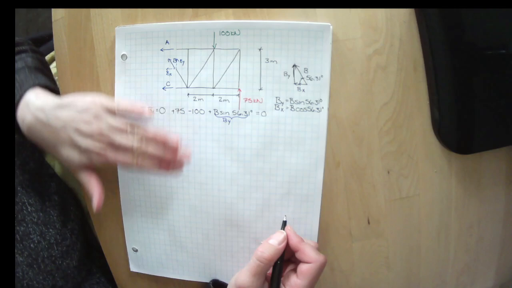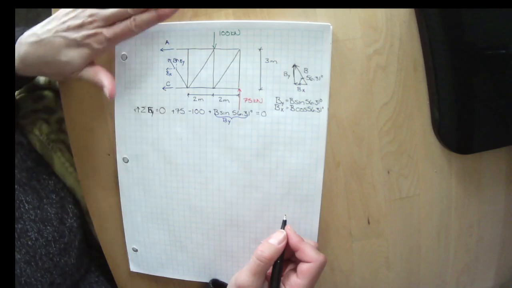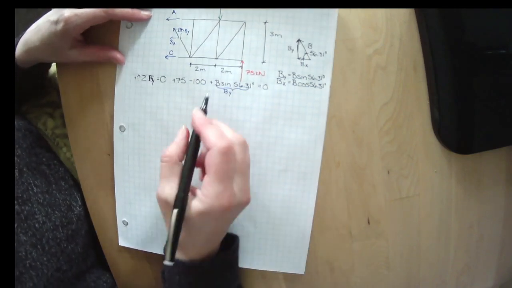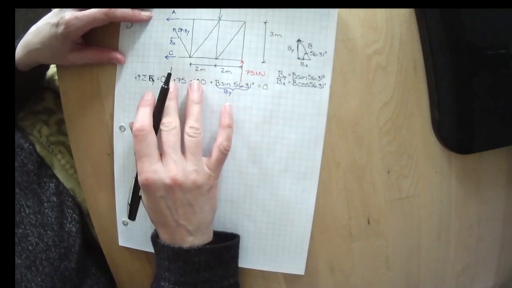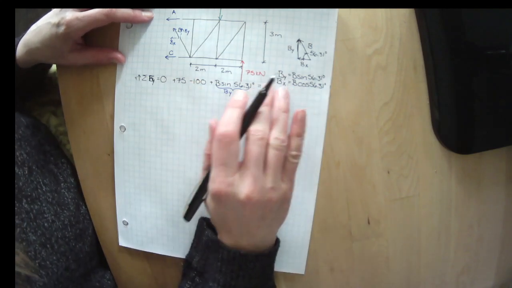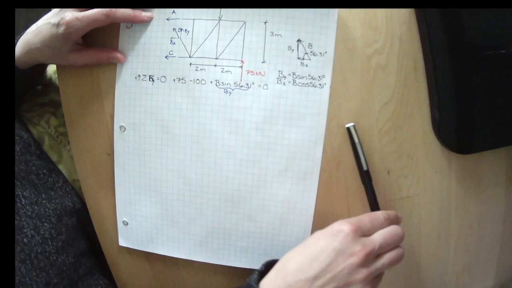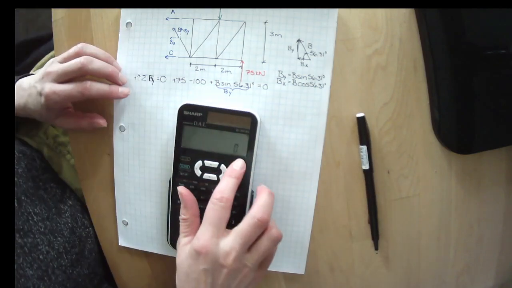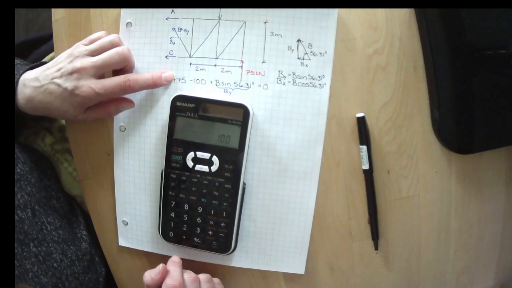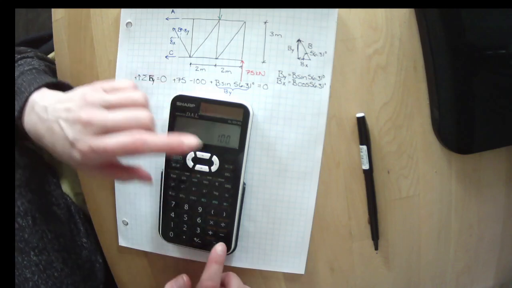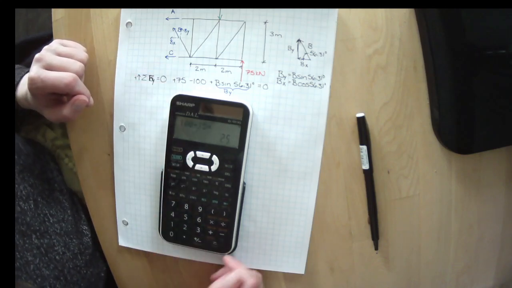And I want to know what it takes for the sum of the forces in the y direction to be 0. So I can sum all of these up, move this over to this side, and then divide by the sine of 56.31 degrees. So I bring 100 over, and it becomes positive. Bring my 75 over, and it becomes negative.